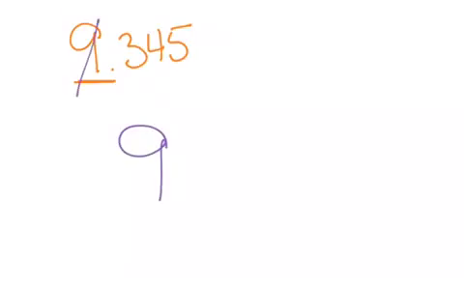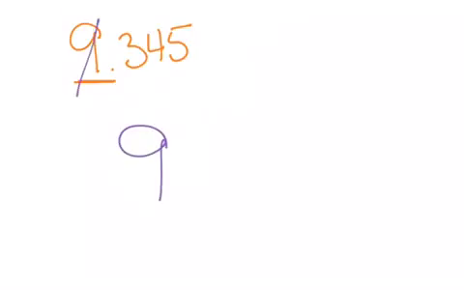All right, let's do 9 and 0.345. Okay, now this is our whole number, right? So we're dealing with fractions. That's going to go out front. Then we're done with the 9 part.